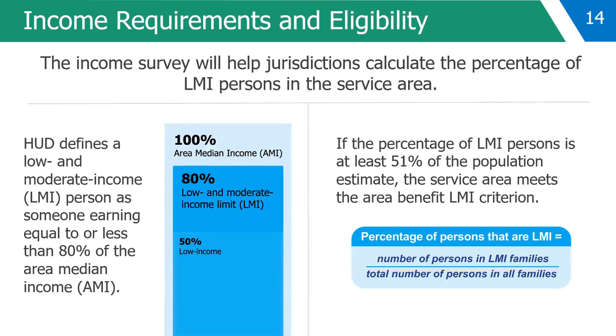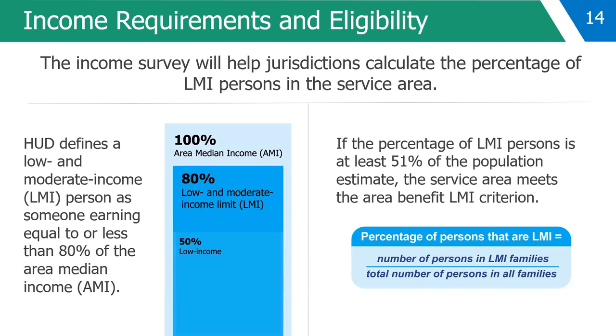Next, here's another way to think about the income requirements and CDBG eligibility. In this case, we see that if you're at 100% of area median income, then you would not be eligible. But folks who are at 80% of the area median income or 50% will all be considered low and moderate income.